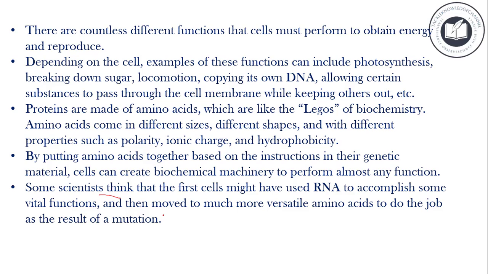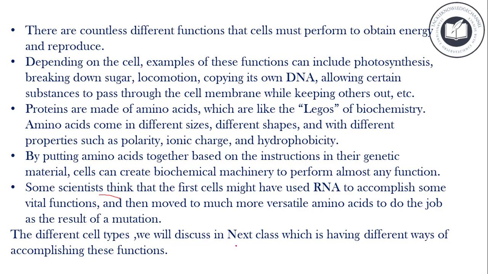The different cell types, which have different ways of accomplishing these functions, we will discuss in the next class. So in the next class we will be studying the different cell types, okay.